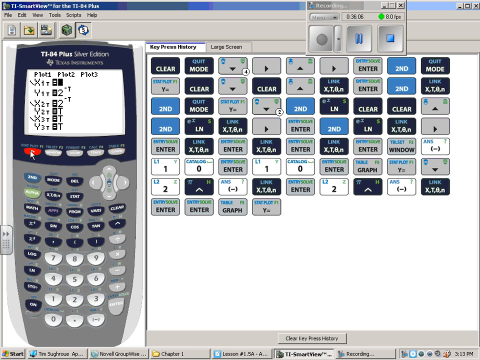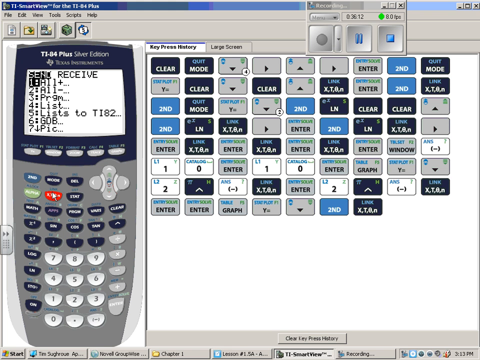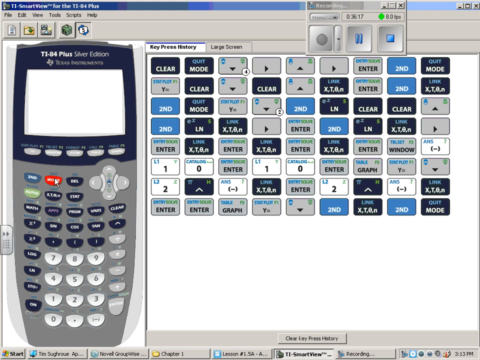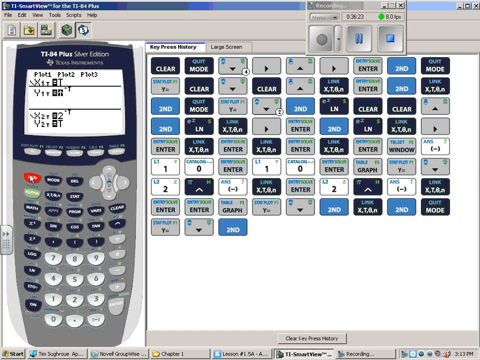So I'm going to go, that's t. This is the inverse sine of t. I'm going to close it. Okay, now I got to delete this stuff out.